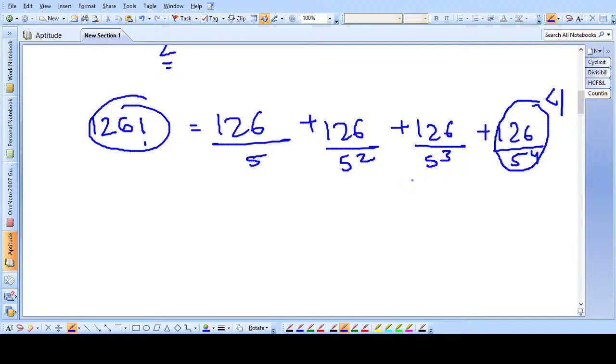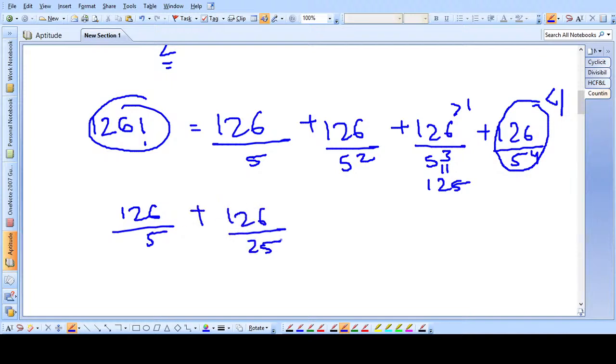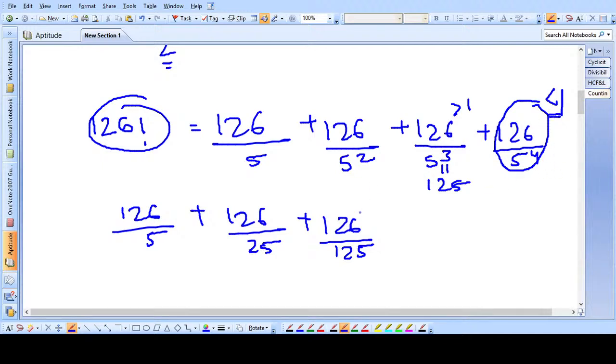What is 5 cube? It is 125, which is smaller than 126, so this will be greater than 1. So the sum is 126 divided by 5 plus 126 divided by 25 plus 126 divided by 125. After this, all the values are less than 1 and we don't have to consider them.